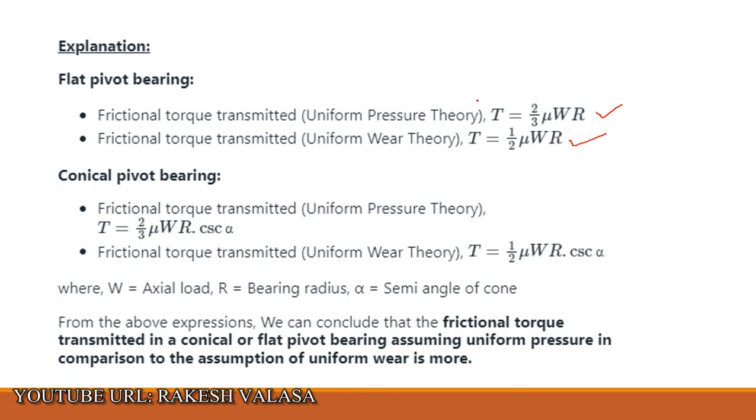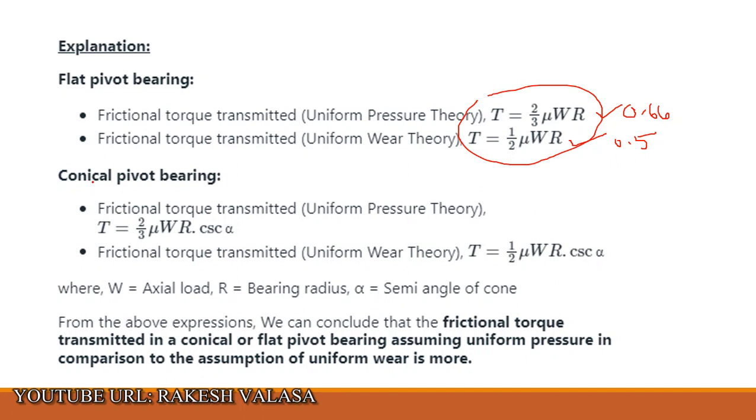You can compare both values. Uniform wear is less because 1 by 2 means 0.5 and 2 by 3 means 0.66. So compared to both values, frictional torque transmitted through uniform wear is lesser than frictional torque transmitted through uniform pressure theory.